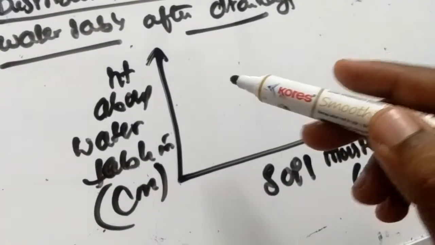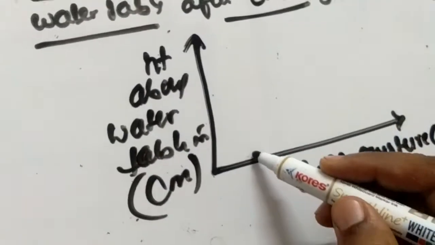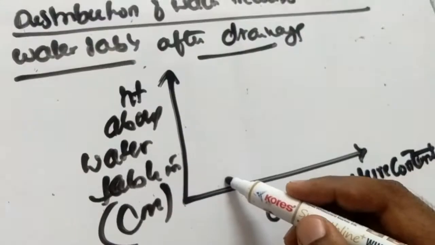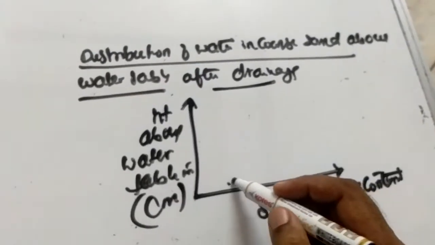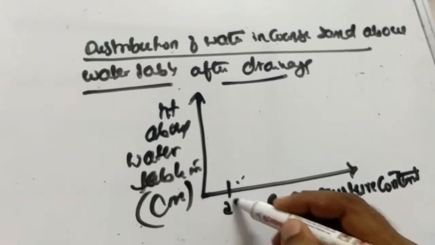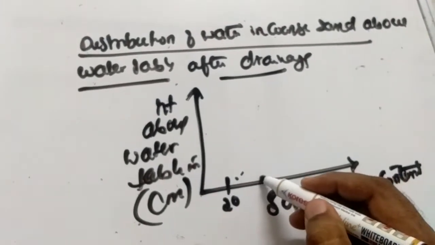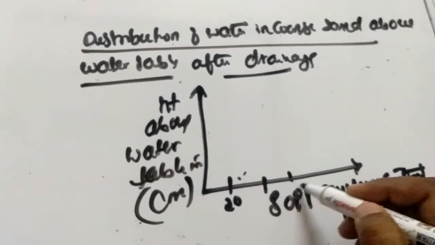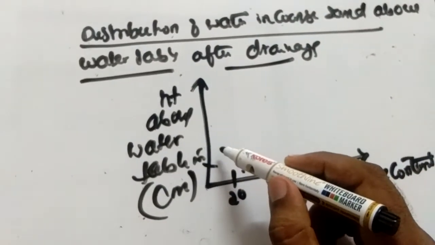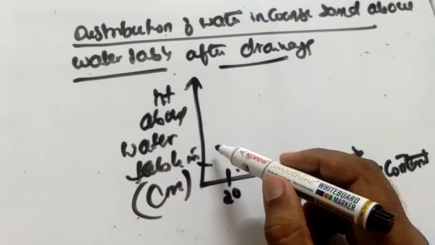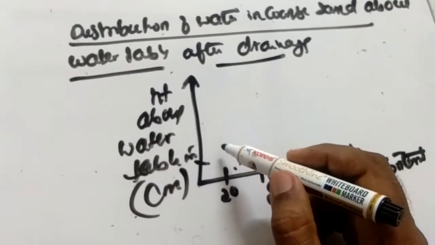Here let us say this is the height of water table in centimeter. This is 20, and this is 40.